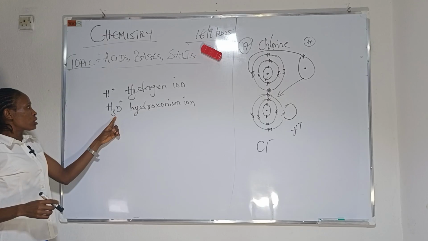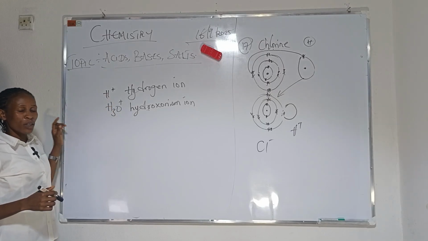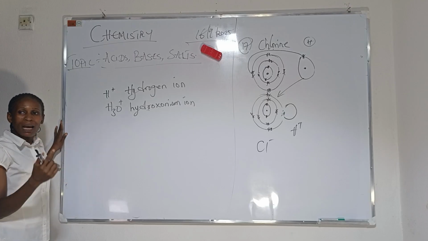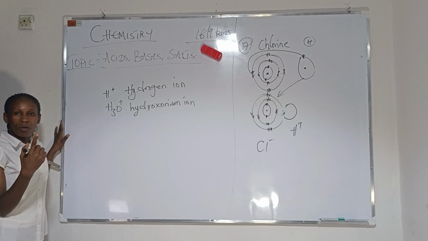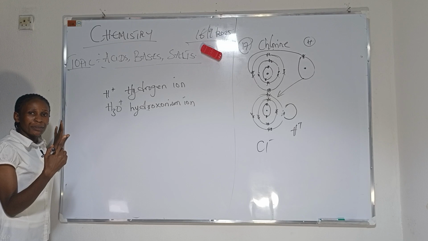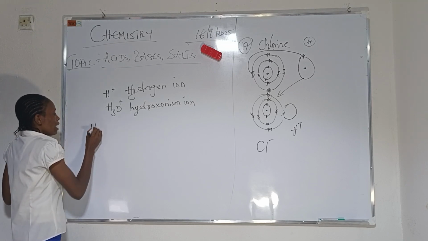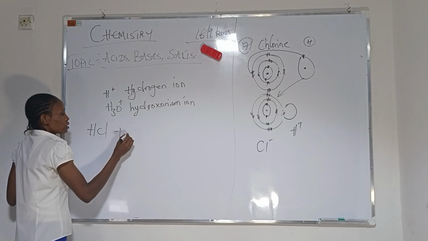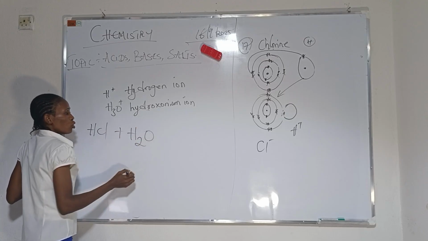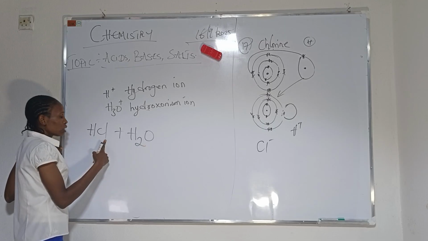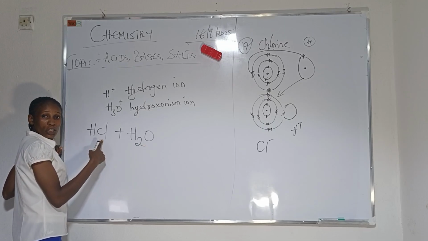This is gotten from reacting an acid with water to give you what? Hydroxonium ion. Okay, let me explain. For instance, if I have hydrochloric acid plus H2O, you know this is a molecule of what? Water. And this is hydrogen chloride.